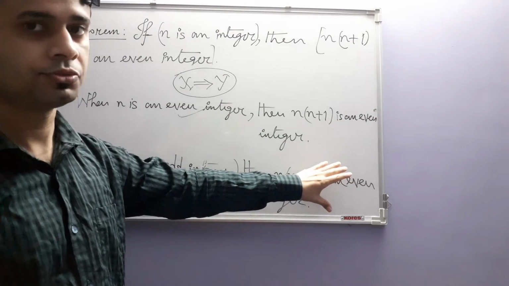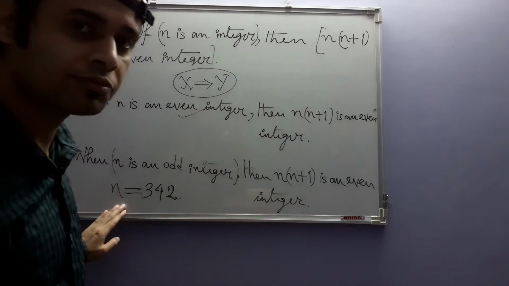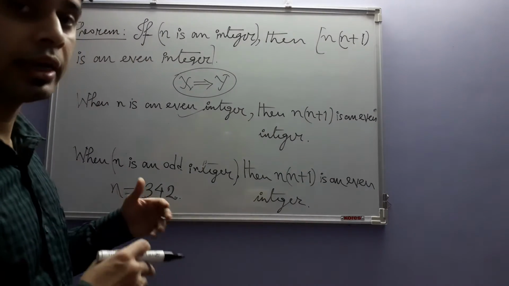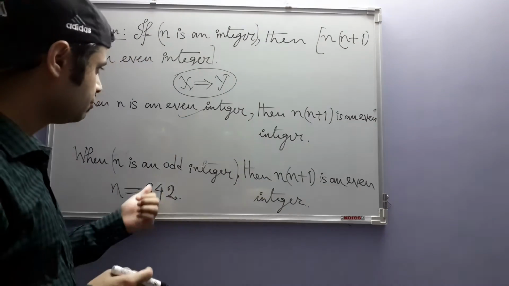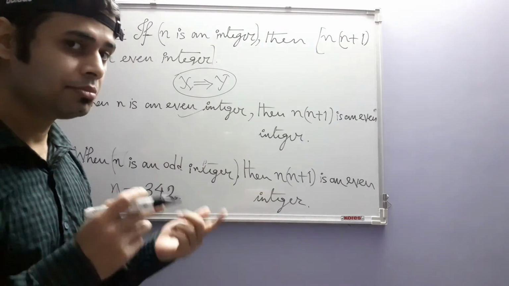So unless we know beforehand the parity of n, that is whether n is even or odd, we cannot write a proof like this. Do you see my point?